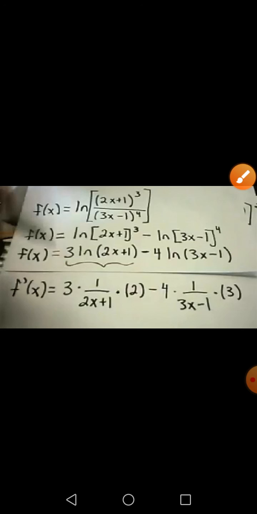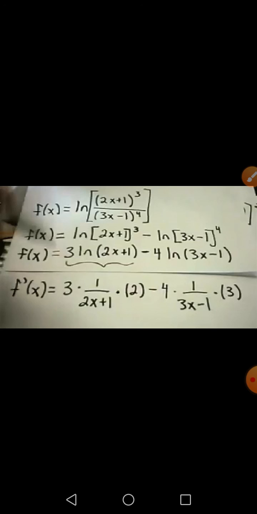Once you get the rules of logarithm or ln or exponent, you can solve. You will see the power rule, the product rule, the chain rule, the quotient rule. Here it's hard to use the quotient rule. You remember the properties of ln: if it's divided, you can make it minus. If it's multiplied, you can make it positive, and we'll see in other videos, inshallah.